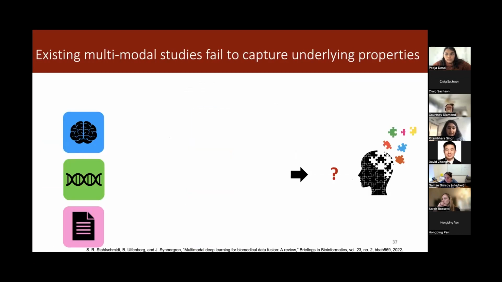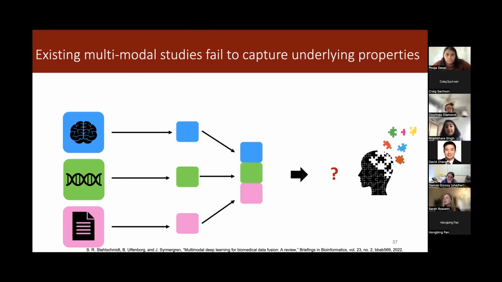There have been a lot of multimodal studies ever since this data set was released. And they follow the same steps of data integration that I already talked about, which is they learn some sort of representation of all these different types of data sets. And then they do a simple concatenation of these representations to make the predictions.